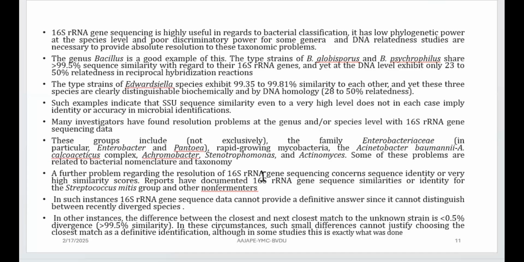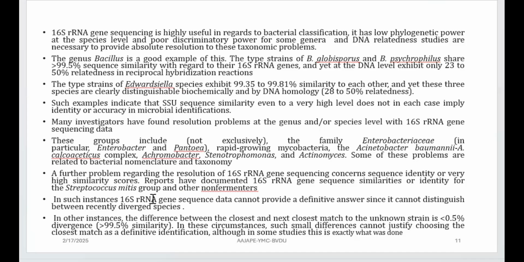Now the concern is 16S rRNA sequence data cannot provide a definitive answer to distinguish between recently diverged species. What are recently diverged species? Diverging from one point. That selection is generally happening during evolution on account of various natural environmental circumstances, through adaptations, or through a gain of certain sequences through transformation or horizontal gene transfer processes.